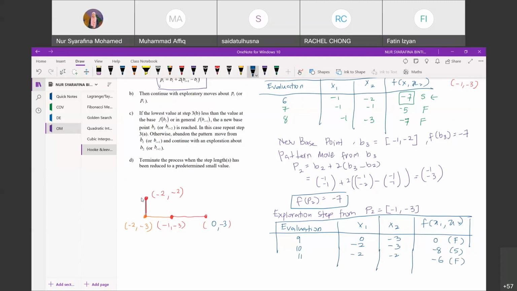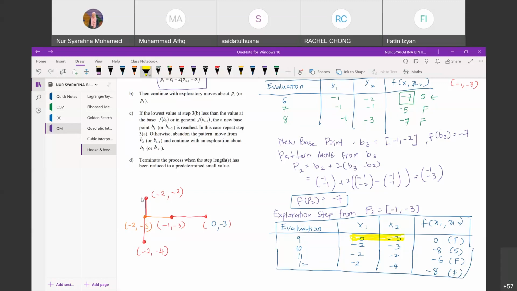So if fail, again move to the downside. Then your new point is -2, -4, and you will obtain -8 here. Since we have -8 already, this is considered as failure. Okay, clear? Then your new base point here is this one.